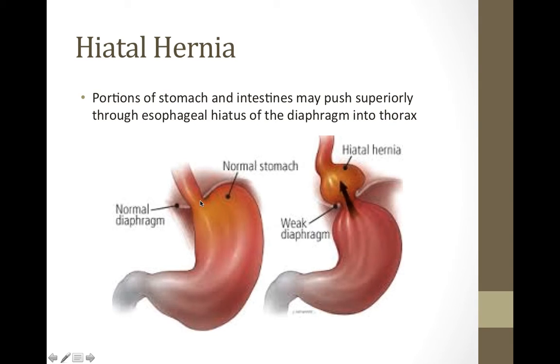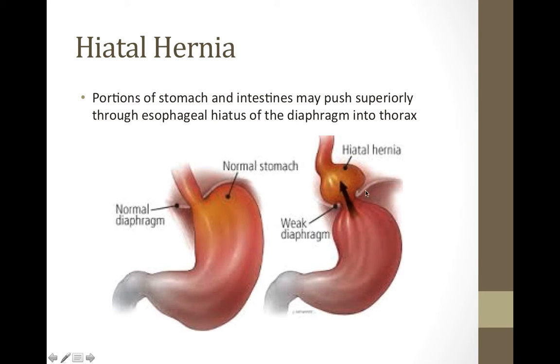And so this is what it should normally look like. However, there are times where the stomach can herniate or push up through the diaphragm. So it's called a hiatal hernia because the stomach has herniated up through that esophageal hiatus.